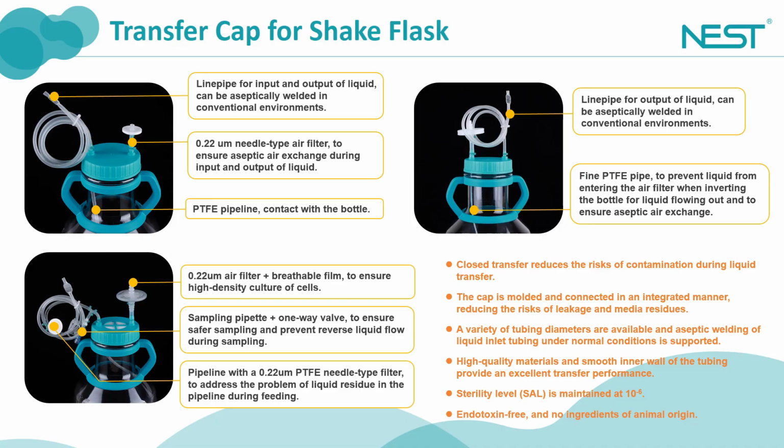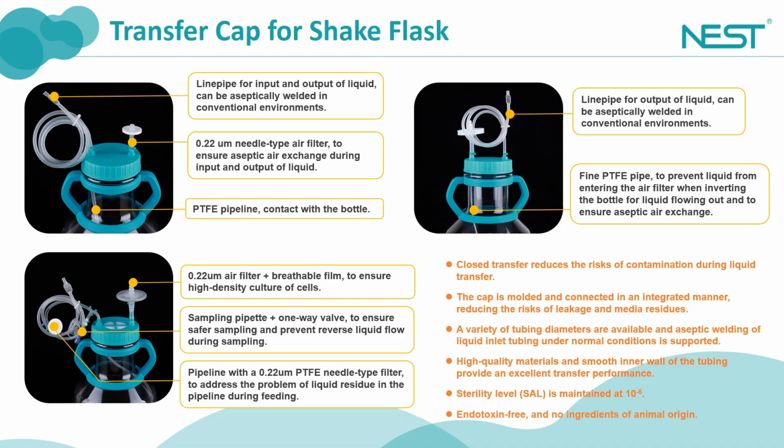Some clients believe that damage may be caused to the cells in the tubing if a peristaltic pump is used. For these clients, they can use an inverted liquid transfer cap to let the liquid flow into the next container using gravity without the peristaltic pump.